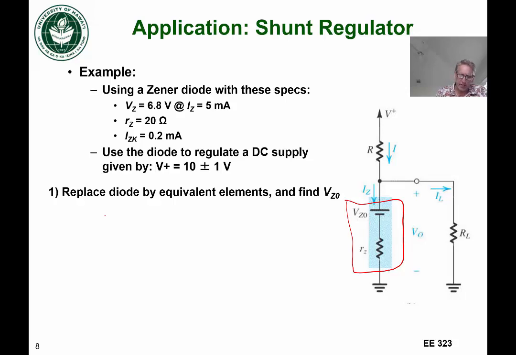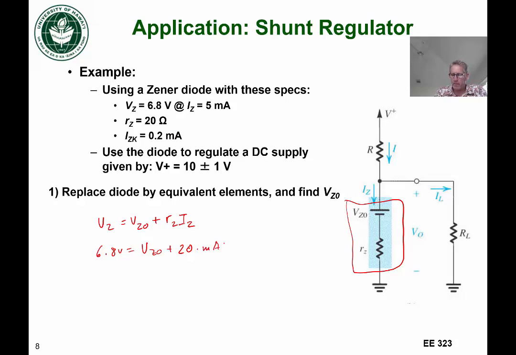And if we do this, we can determine that VZ, the output of our Zener diode, is equal to VZ0 plus RZ times IZ. And in this case, this would be 6.8 volts is equal to VZ0 plus RZ, which is 20 ohms, and we know that the current is 5 milliamps.